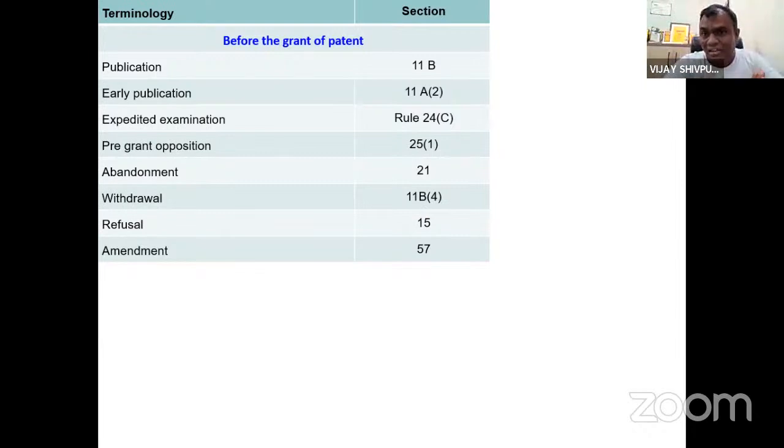Everything is different. Everything has a different meaning as per the Indian Patent Act. You need to understand the differences between a withdrawal, refusal, abandonment, and amendment. Until and unless you understand this, you may not be in a position to understand the core concepts related to prosecution.